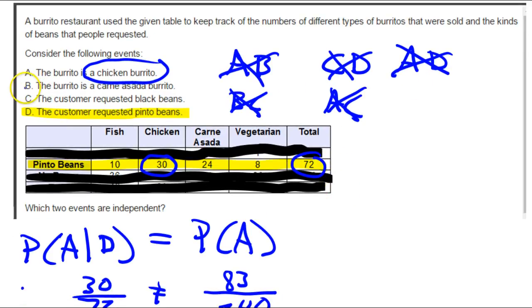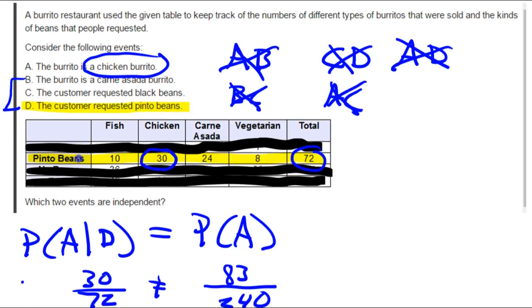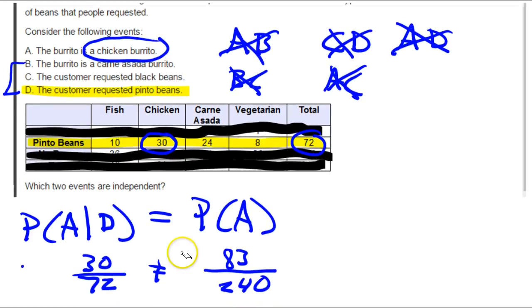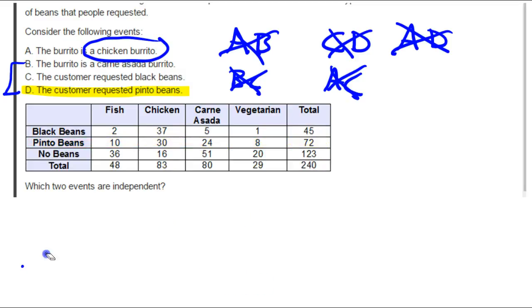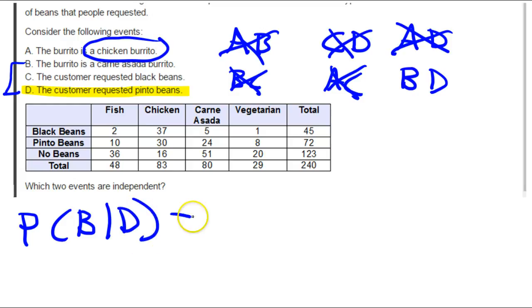So let's try B and D next. We already did B and C. If B and D are independent, the probability of B given D should equal the probability of B by itself.